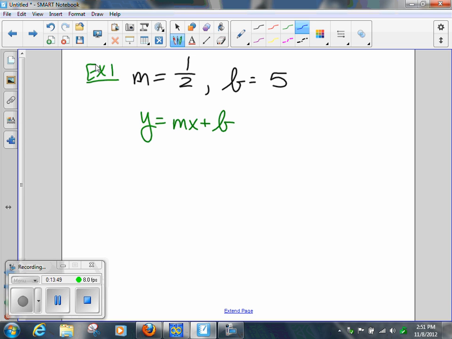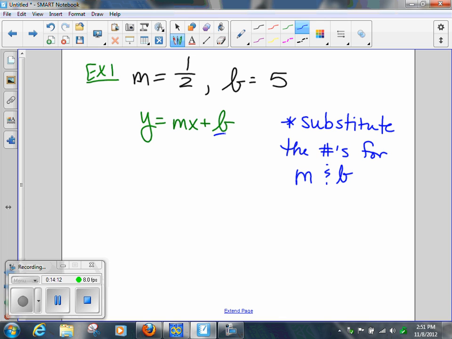When I give it to you that way, you know immediately what to do. We just substitute the values. We substitute the numbers for what 2 variables? M and B. Y'all know that now. Right on. Y is equal to 1/2 x plus 5. Right on? Okay. Do I have my equation? Yeah. That's my answer.